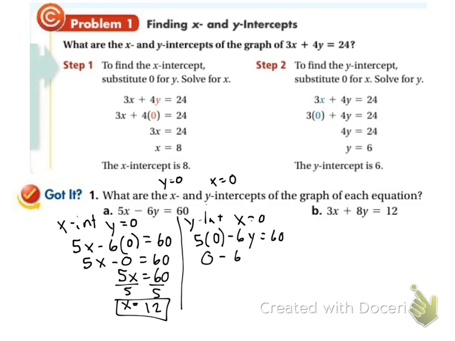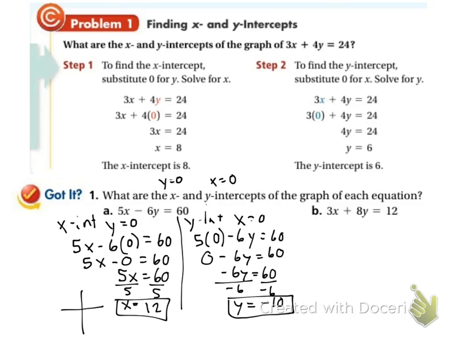This is 0 minus 6y equals 60. So this is negative 6y equals 60. I'll divide both sides by negative 6. And I get that y is equal to negative 10. So this means our y-intercept is negative 10 and our x-intercept is 12. So roughly sketched on a graph, we're looking for something like that.